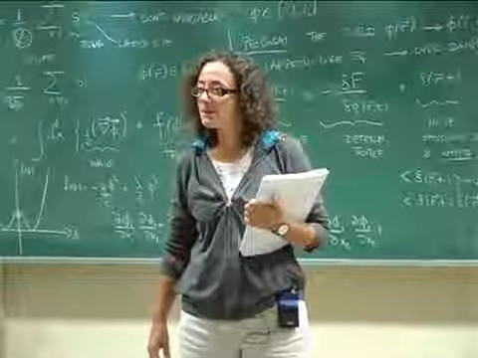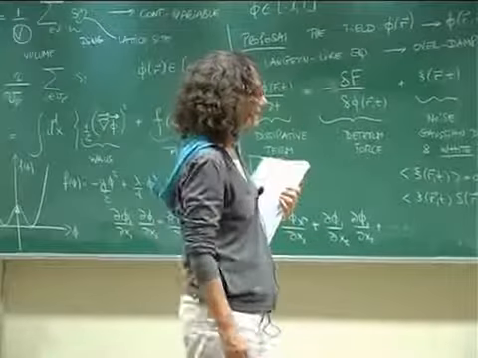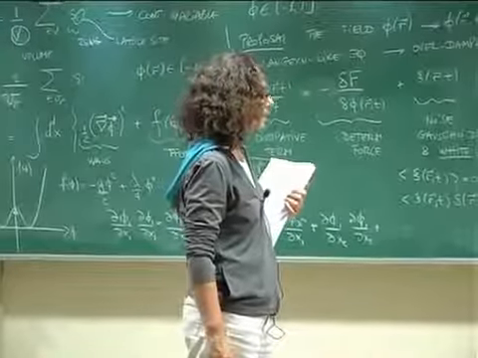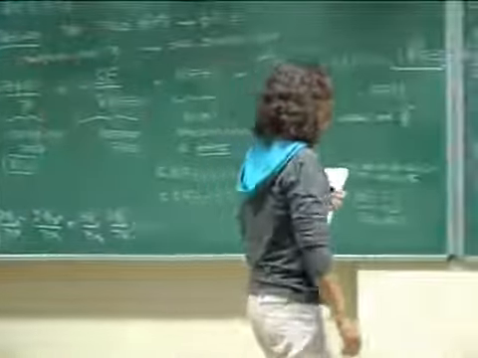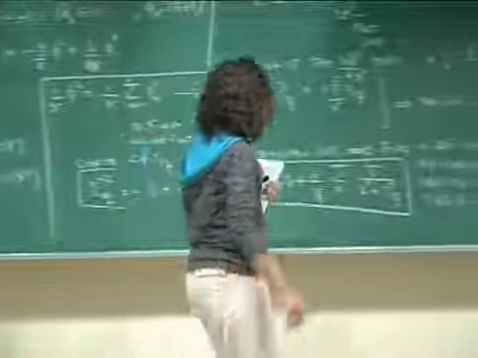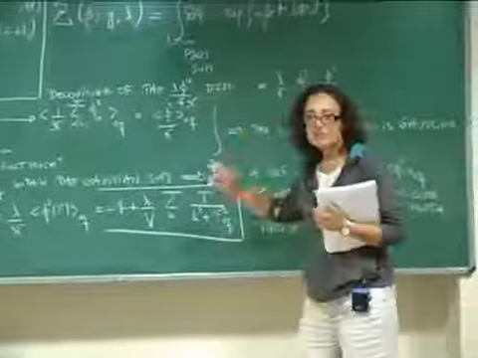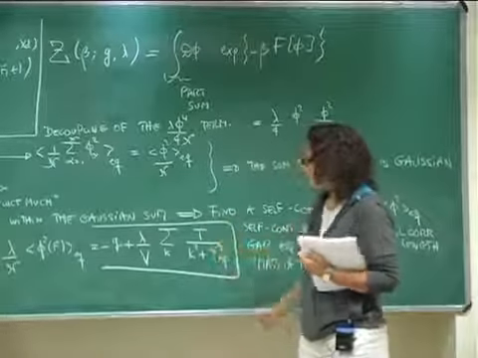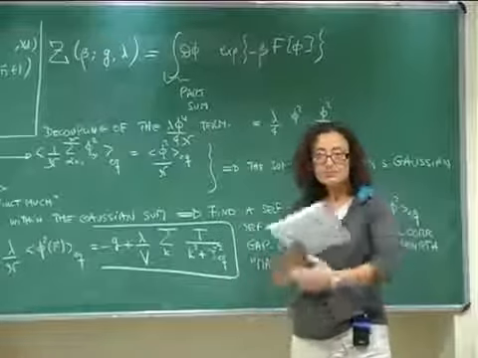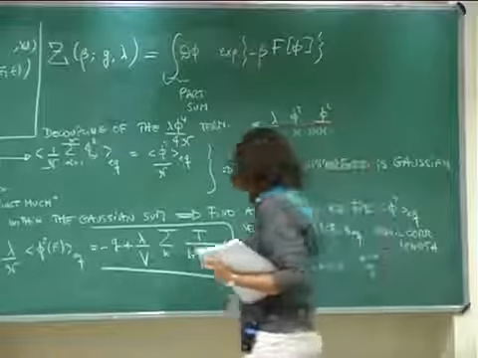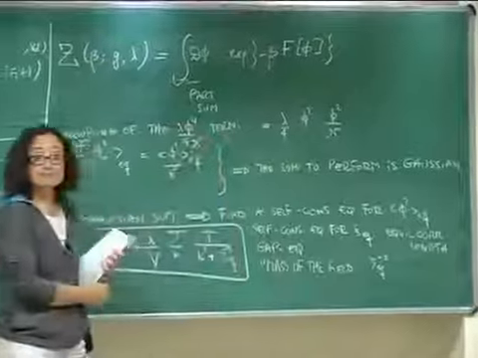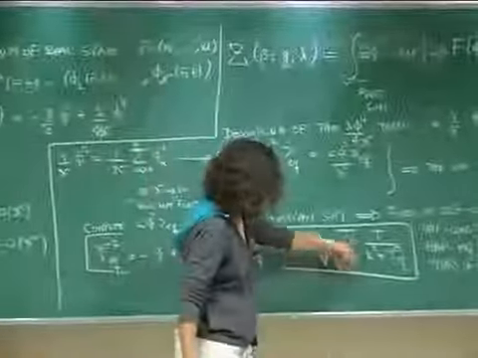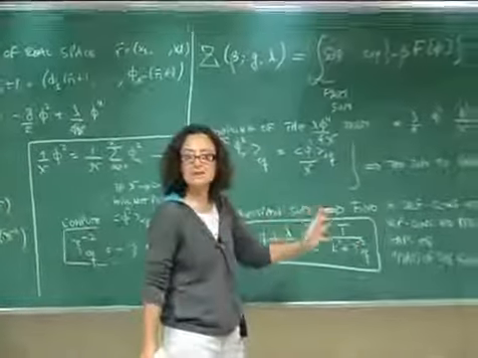No, but I don't have Gaussian modes here. It's simpler than that. What I want to say is that this sum is tricky. Why is it tricky? Because if psi is finite, there's no problem. There is no divergence here, and everything is fine.